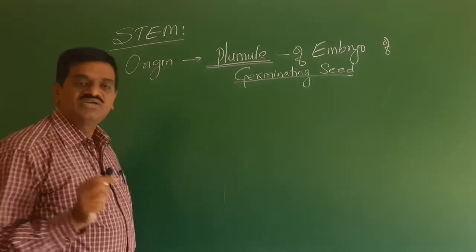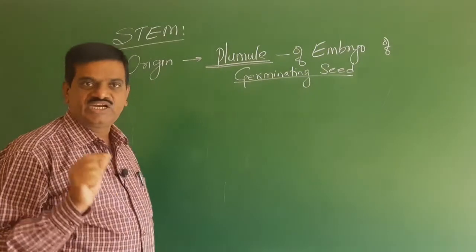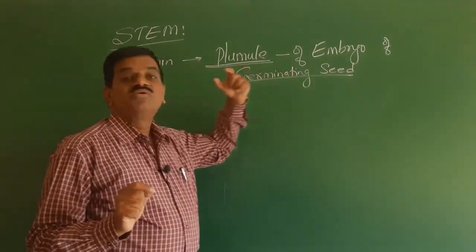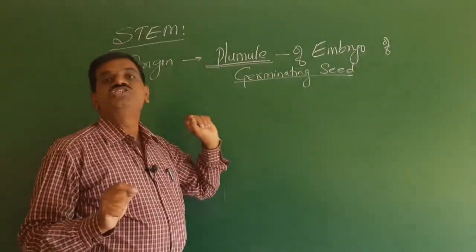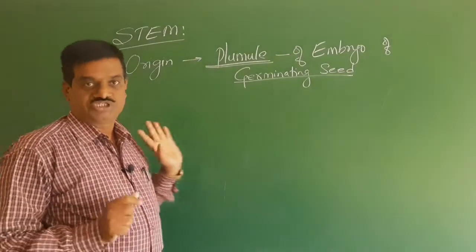So in the last class I used the word that the seed has two parts, radicle and plumule. In the same way here, the seed has radicle which gives rise to the root system, and the plumule gives rise to the shoot system.